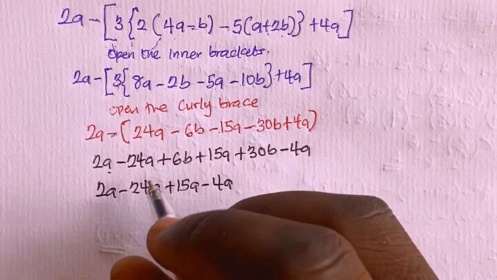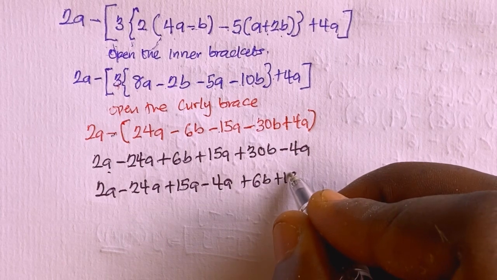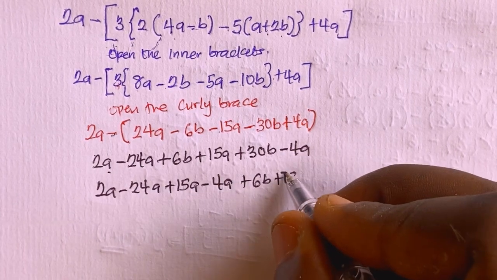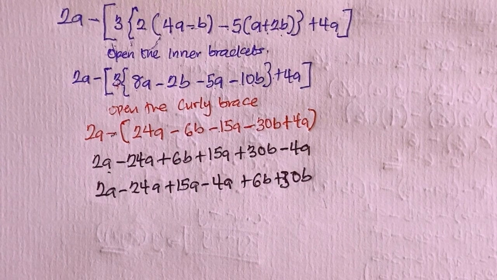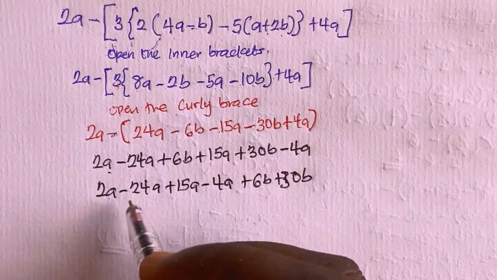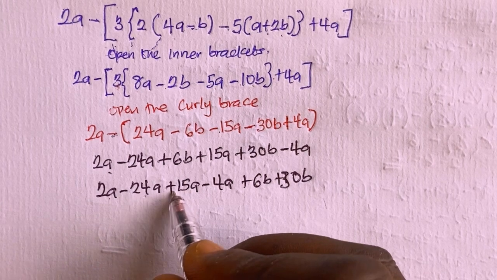Then after that, I'm having plus 6b, then plus 30b, exactly. So here I'm going to have 2a minus 24a is actually minus 22a, then plus 15a.